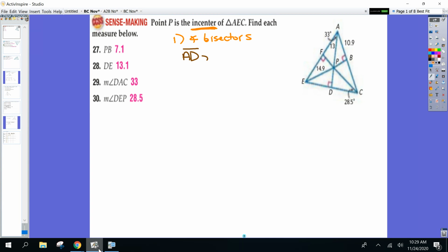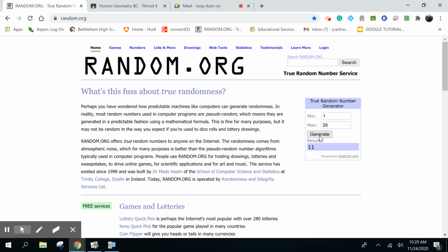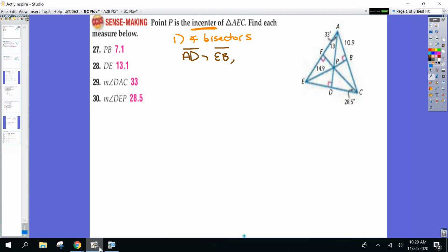EP. Go longer. Not EP, EB. And one more angle bisector in my diagram. Anthony, name another one. FC. FC, good job. Everyone good here.